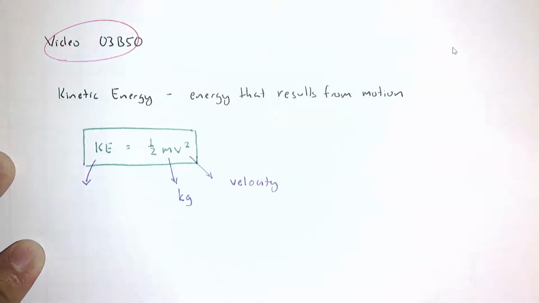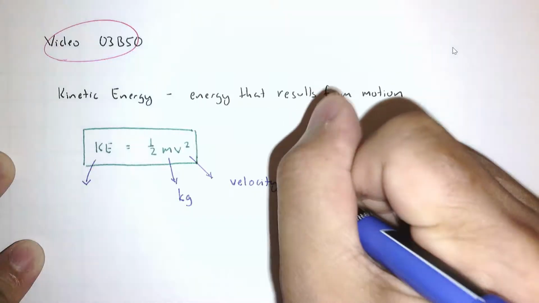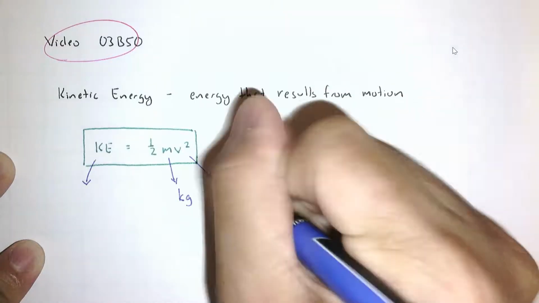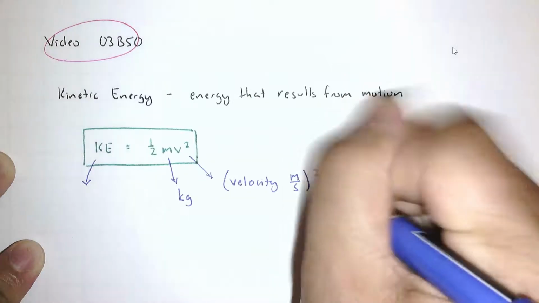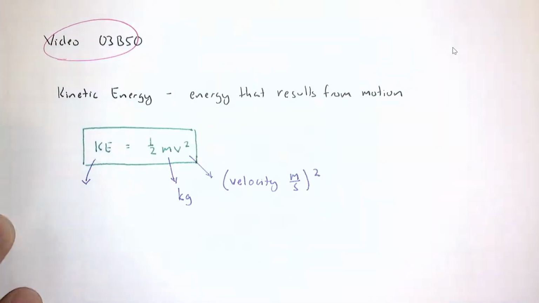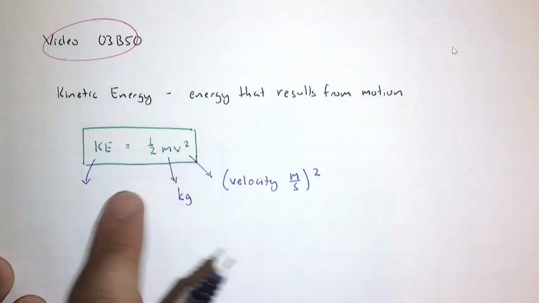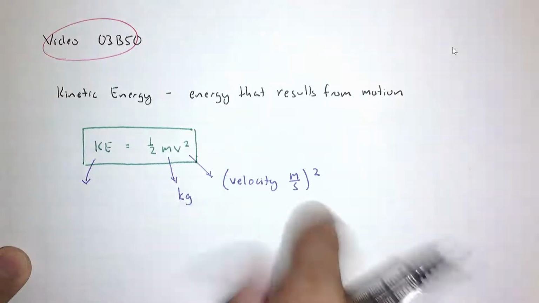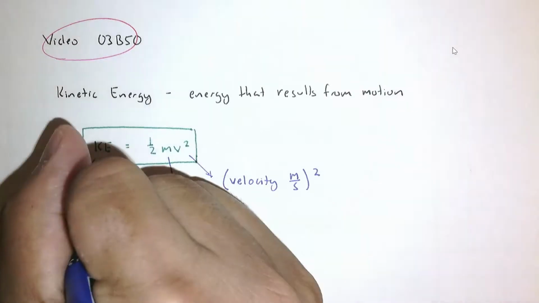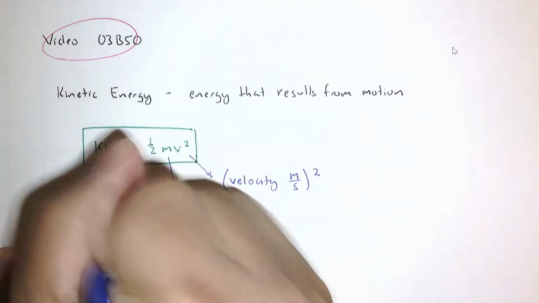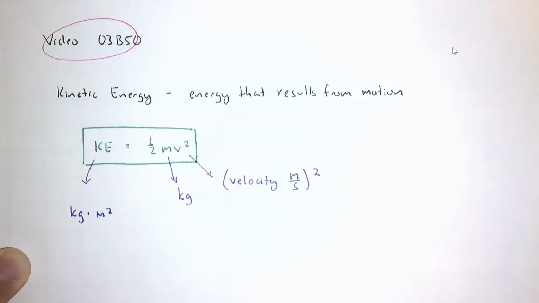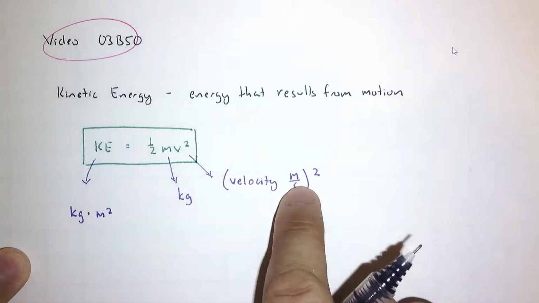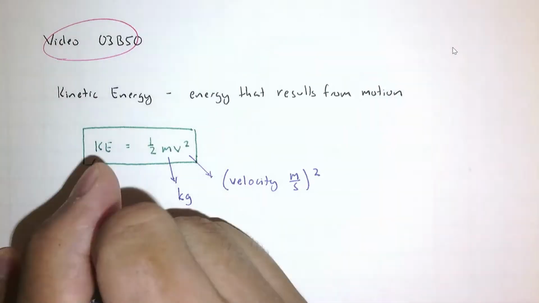Velocity is meters per second if you're using SI units, but the whole thing is going to be squared. If you do the unit analysis, kinetic energy will have a unit of kg times meter squared, because that velocity was squared, over second squared.